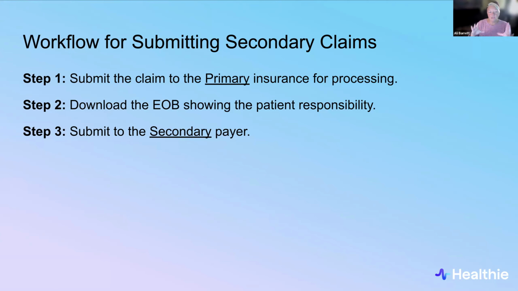If you're not getting a clear EOB off of your clearinghouse, you can go to the actual insurance payer and download an EOB. And then you will submit another claim to the secondary payer.